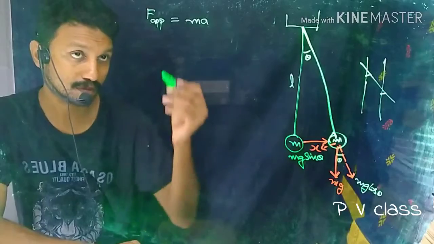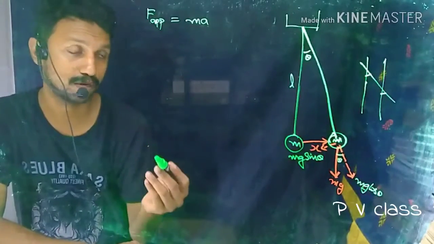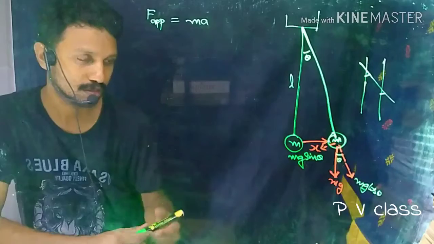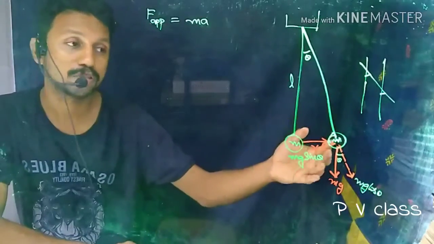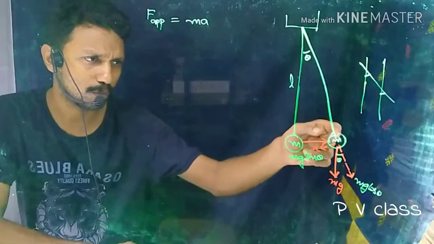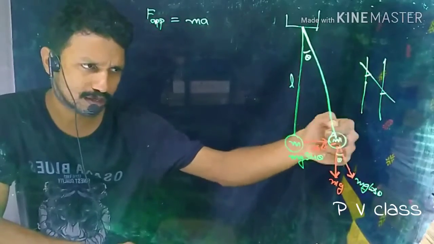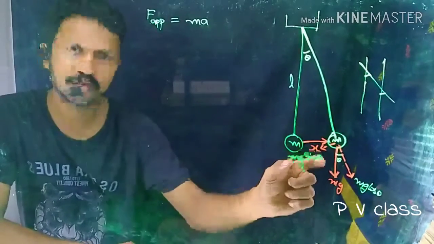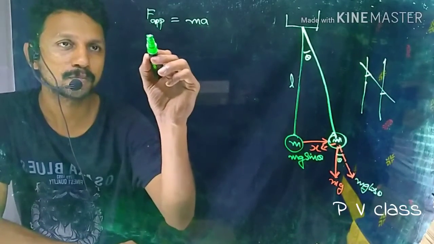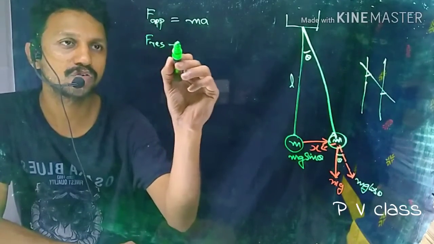Then as a result of this applied force, there is a restoring force acting in the opposite direction of displacement. The restoring force acting in the opposite direction of displacement is clearly mg sin theta.